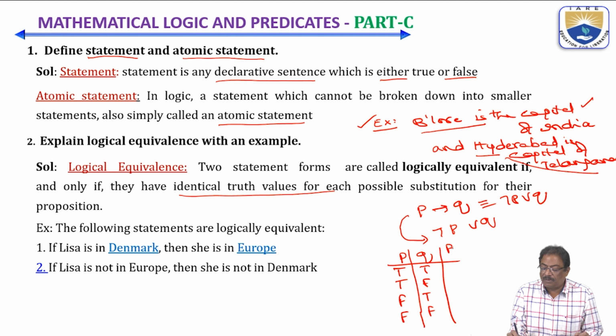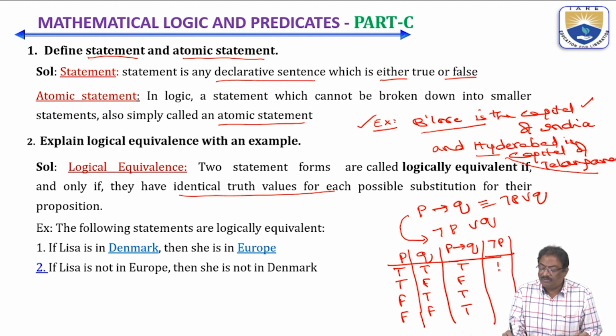Then the conditional statement: if P then Q. This is true, this is false, this is true, and this is also true. And let us consider negation P. If I take this as false, then this is true, and this is true.